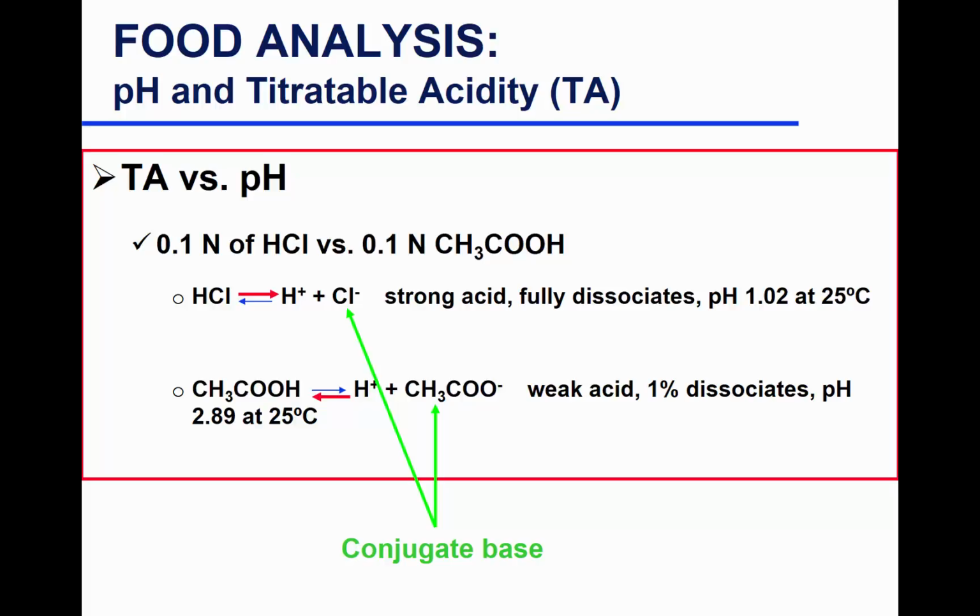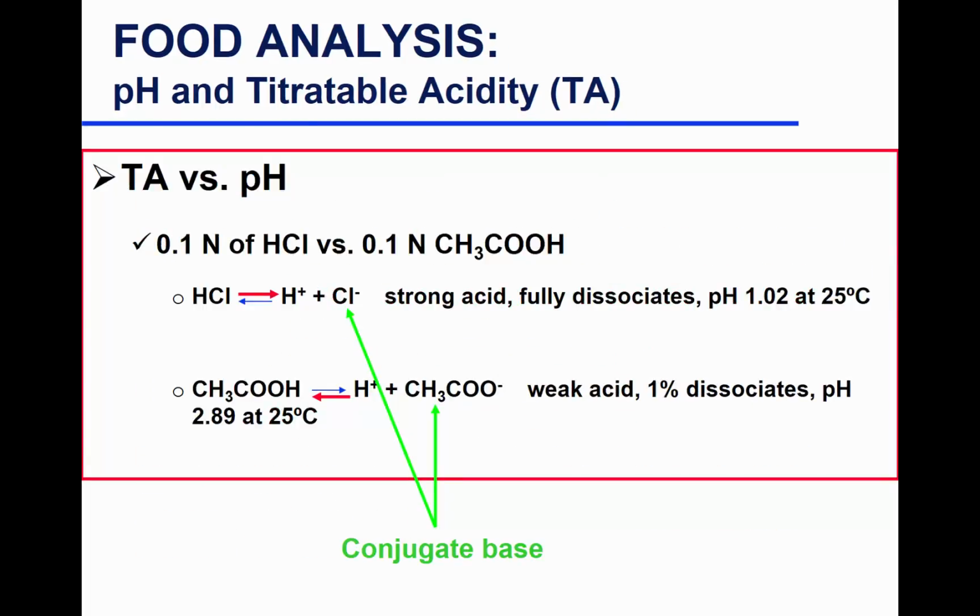Whereas the organic acid, acetic acid, has higher pH at the same concentration. It's a weak acid, about 1 to 3% dissociation. So this is an illustration that at the same concentration of an acid, you have different pHs. And that's the difference between a weak acid and a strong acid.